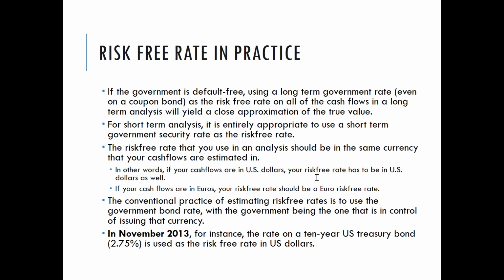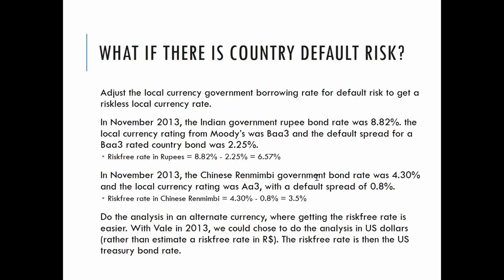Whereas if I were to do this exercise in India, where there's a default risk, I need to adjust for that. So for example, in November 2013, the Indian government rupee bond rate was 8.82%, whereas its local currency rating from Moody's was Baa3, which meant that it did have some default risk.